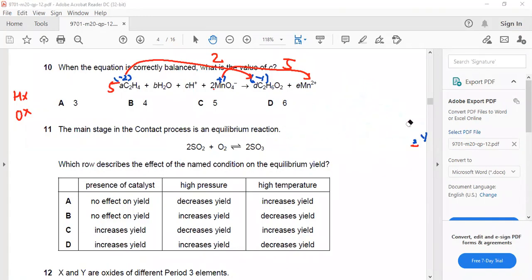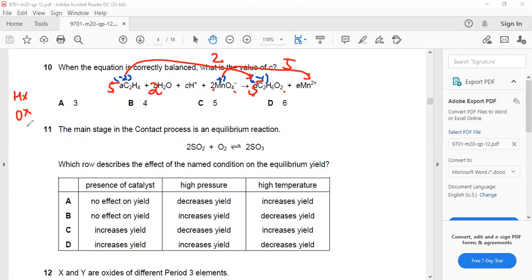Now, how to find the answer C? If this is 5, this must be 5 because there is only one carbon place. You balance carbon, manganese is balanced. Oxygen you can balance first: 5 times 2 is 10, 2 times 4 is 8, so here will be 2.